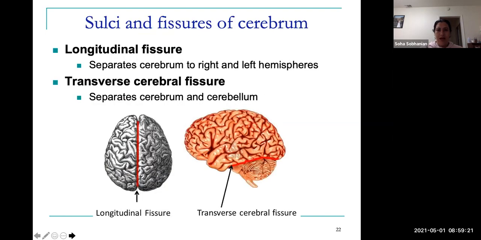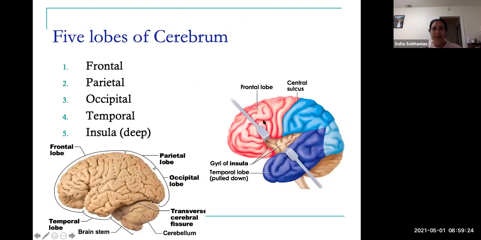If you look at the front part of the brain, we call that the frontal lobe. This part depicted in light blue is called the parietal lobe. The back of the brain is called the occipital lobe, and the side of your brain is referred to as the temporal lobe. So the name of the bone and the name of the lobes of the brain correspond to each other.